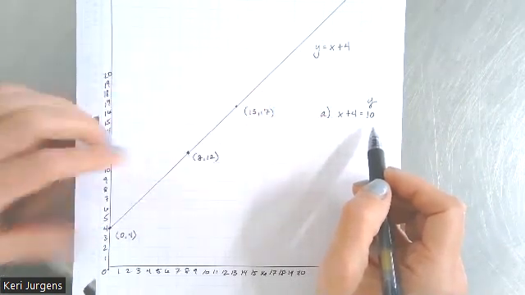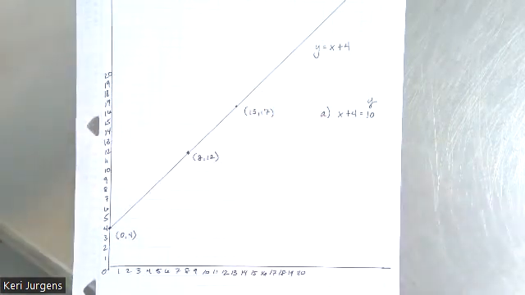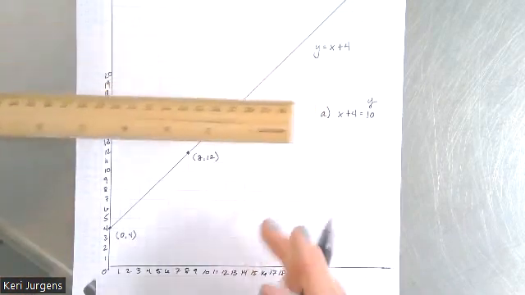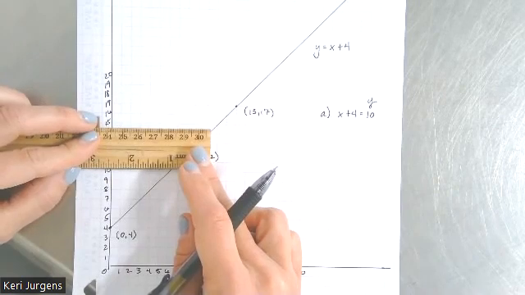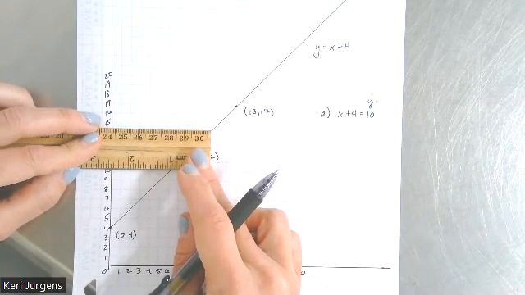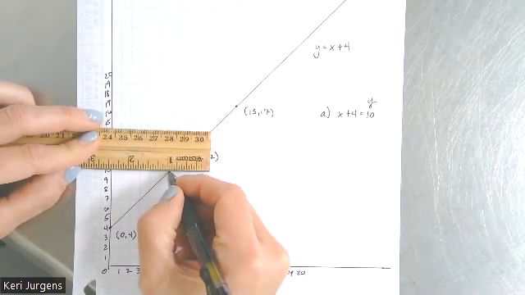So that value is y. All right, we're going to use our graph to solve this. So if y equals 10, let's put our ruler on the 10 at the y-axis and find out where the graph intersects it and put a dot there.